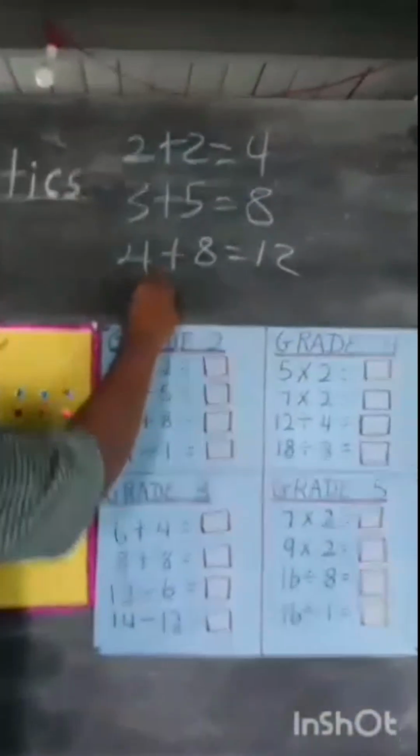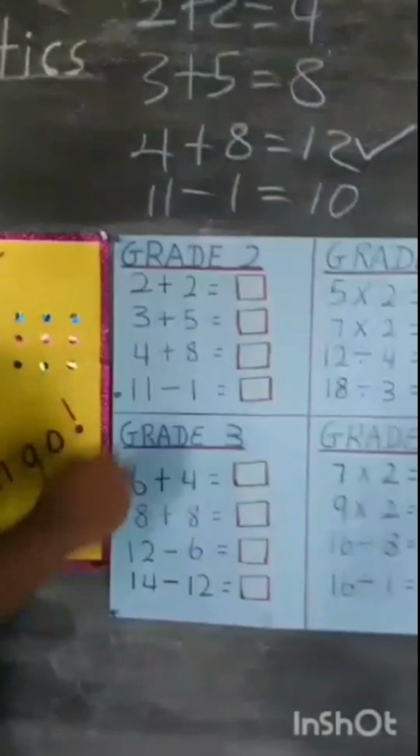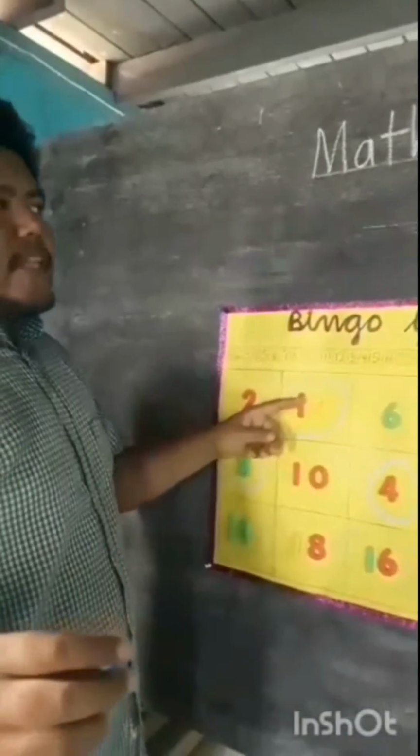And 11 minus 1 is equal to 10. So one of the sums will be the distractor. The only way for them to get bingo is if they get all the sums correct. Right? Good.